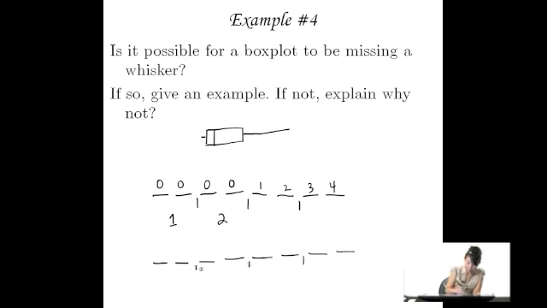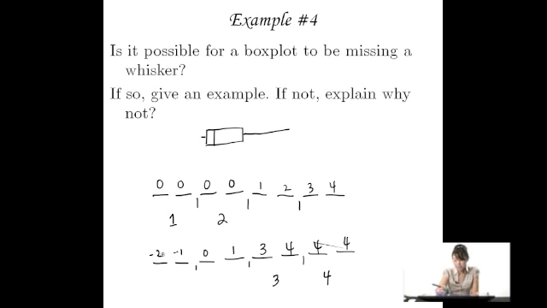So this might be an example of a left skewed distribution that doesn't have a whisker. So something like 4, 4, 4, 3, all right? And then 1, 0, -1, -2, right?